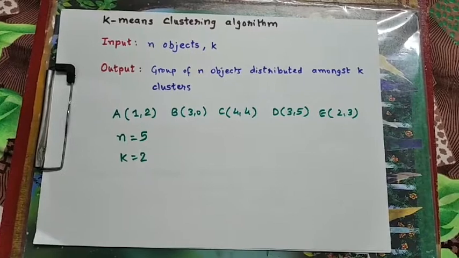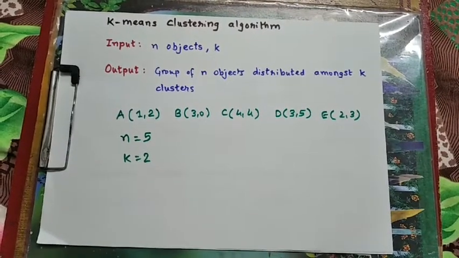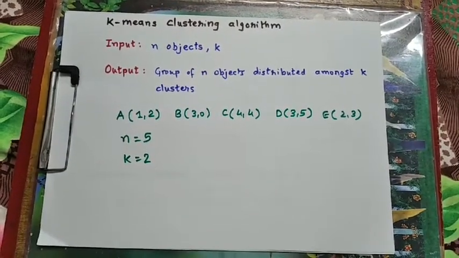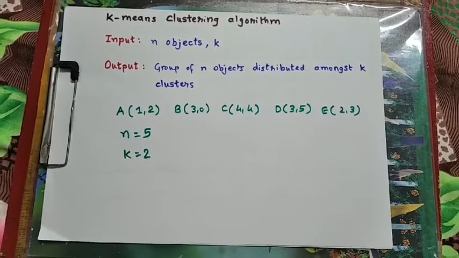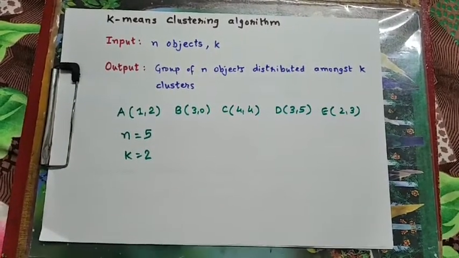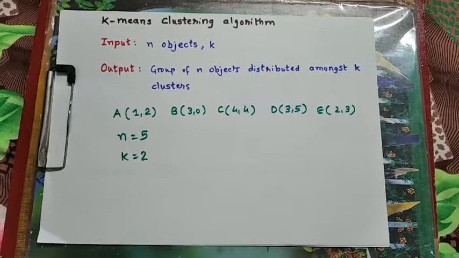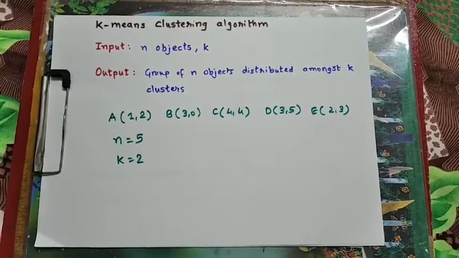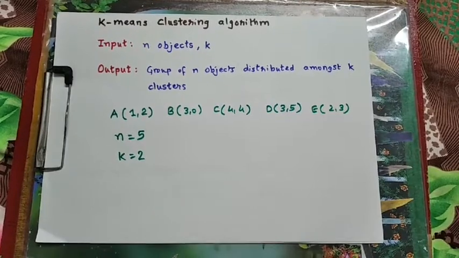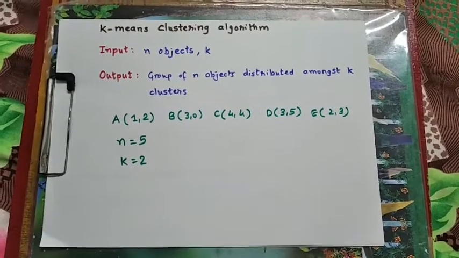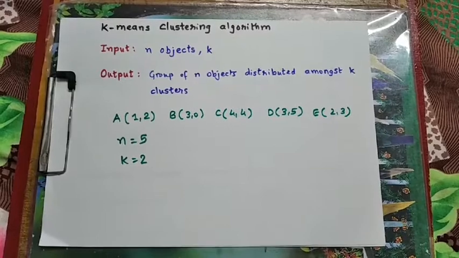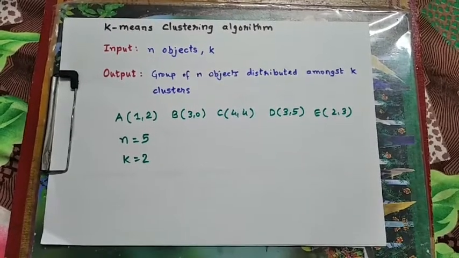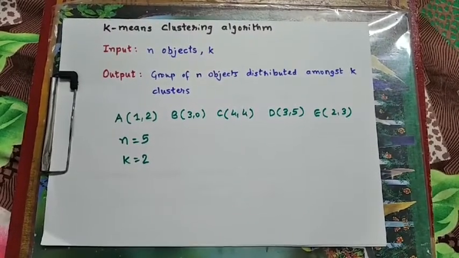So n is equal to 5 and k is equal to 2. k equal to 2 indicates that we want to group these objects into two different clusters. So we want to form two groups out of these 5 objects based on their similarity, and since the similarity criterion is the distance between them, nearer objects will be part of the same cluster and far objects will be part of two different clusters.